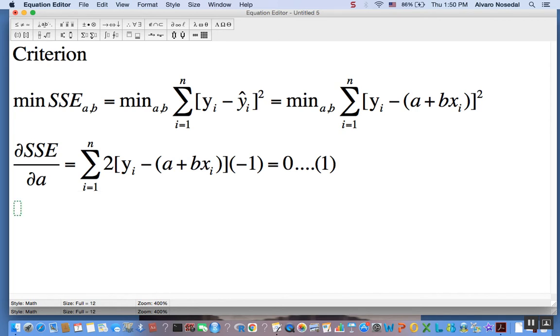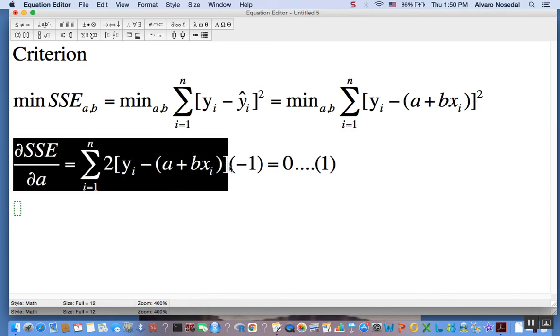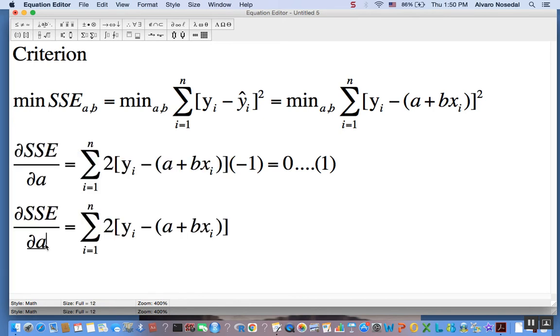Okay, that would be our first equation. Now let's try and do the same for B. We have to take the partial derivative with respect to B of that function. So this could be useful. Let me copy paste, and then we're going to modify accordingly. So the partial derivative of this with respect to B is going to be 2 times what's inside those square brackets times the derivative with respect to B of what's inside those square brackets.